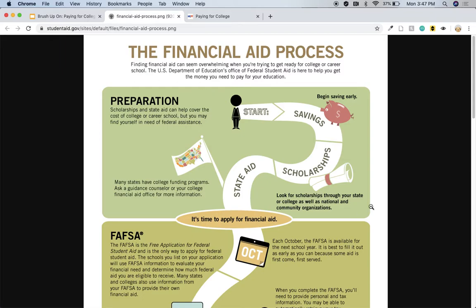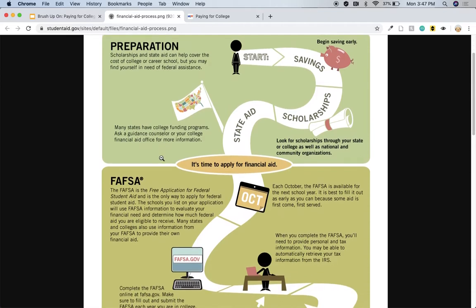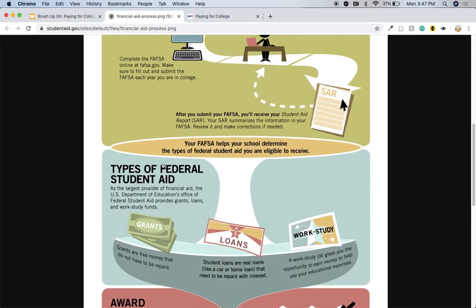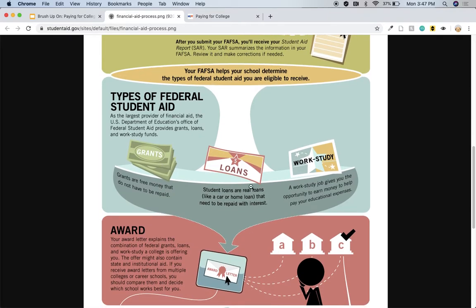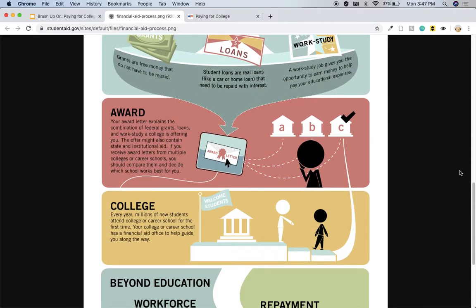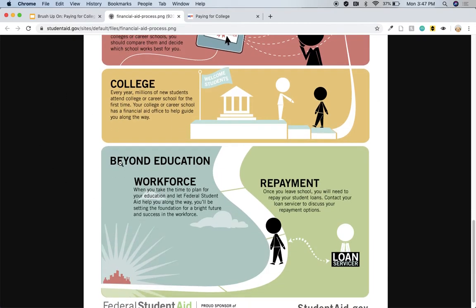It kicks off with preparation, then you file the FAFSA, then you receive your financial aid award letter with different types of federal student aid. Then you're able to compare award letters from different schools. Then you pick a school to attend, and after you graduate, you enter the repayment phase of any federal student loans you received.